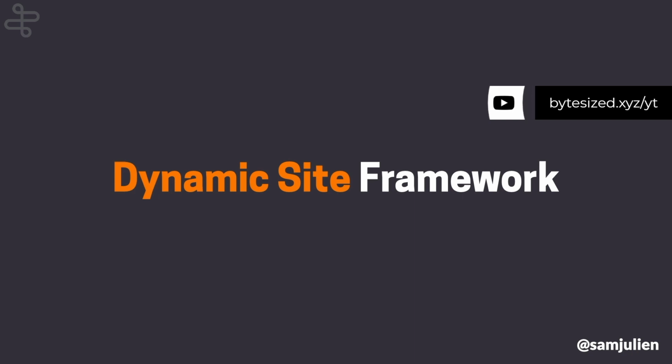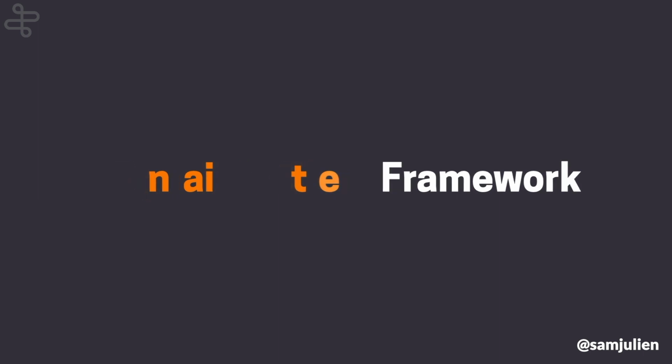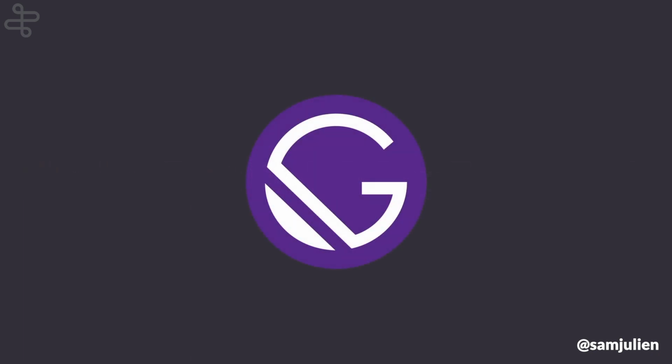It's a framework that can build dynamic React sites in addition to just generating static pages. The Gatsby folks like to say that it's a blazing fast web and app framework, so not just a static site generator. Okay, so Gatsby can do both static sites and dynamic sites.